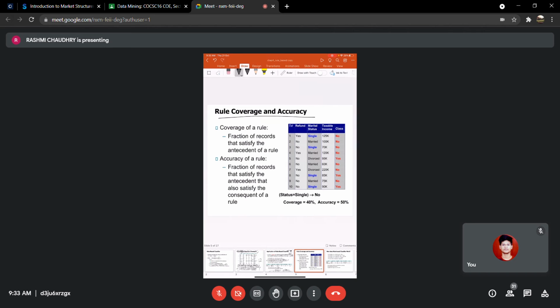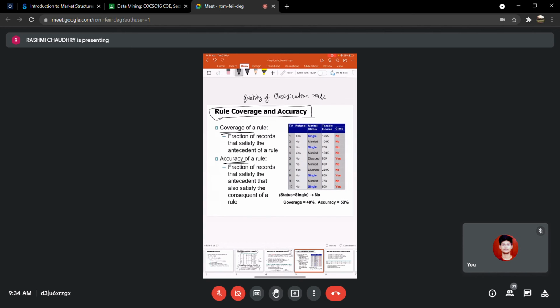Now, when you want to evaluate the quality of your classification rule, it can be done with the help of coverage and accuracy.